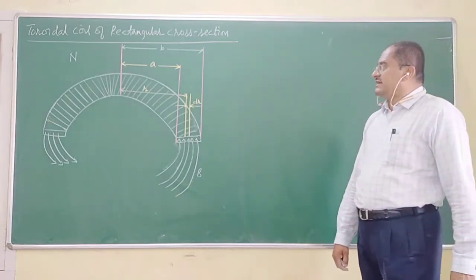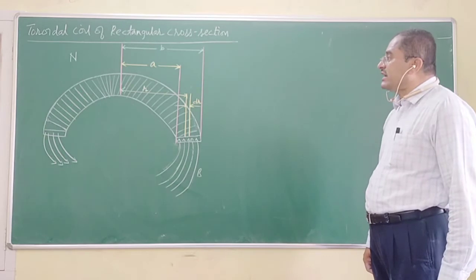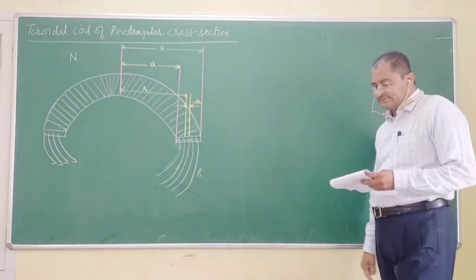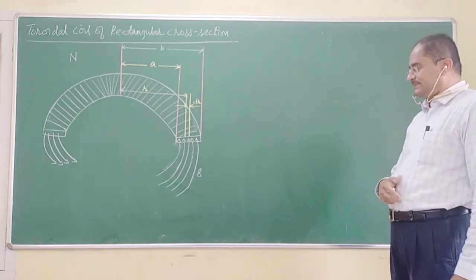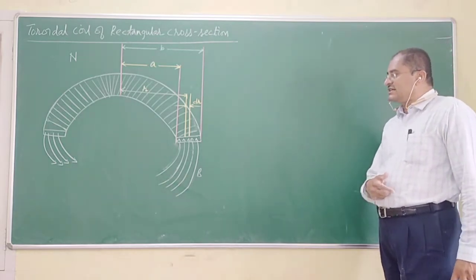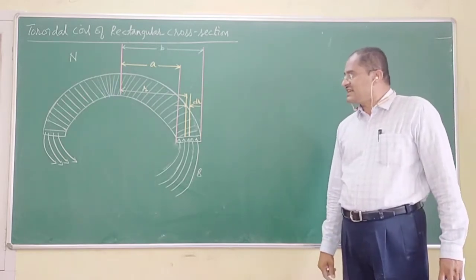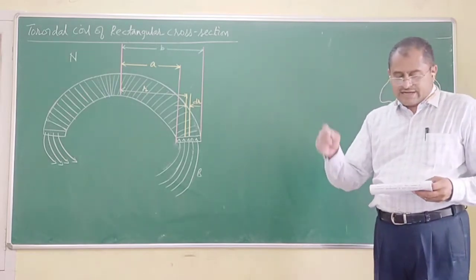We are considering a circular path of radius small r of this toroid.